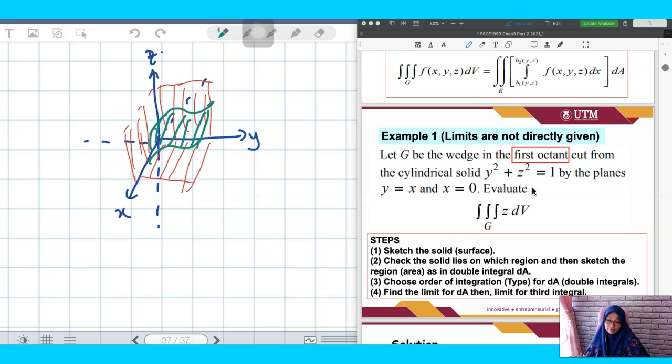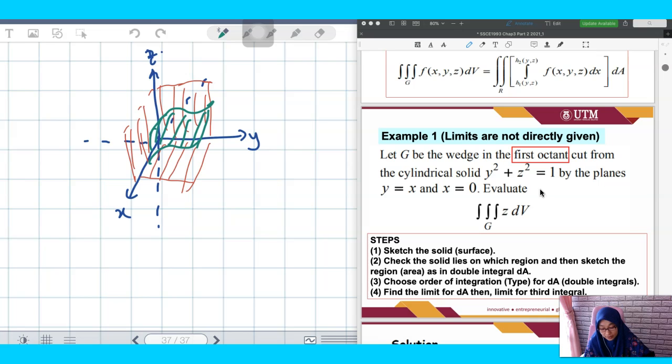When you cannot sketch the solid correctly, you cannot determine the limits and the order of integration. Because you cannot provide all the very critical parts in the triple or double integral, you cannot evaluate them. That's why I told you, please do exercises on sketching again and again, and please spend some time doing the revision yourself. Okay.